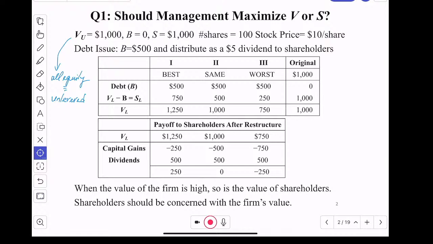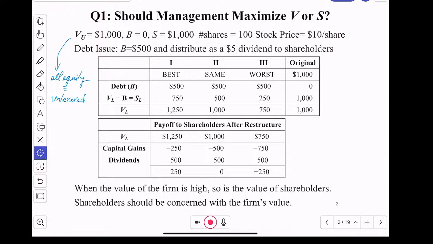So in the best case, same, and the worst case, debt of 500 is issued. And the original value of the firm is 1,000. So let's say the value of the firm goes up. Okay, so now this L stands for levered.